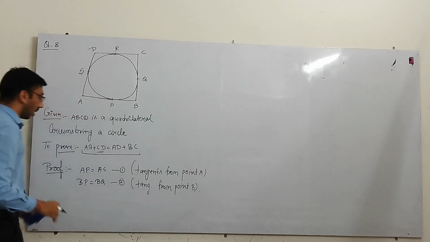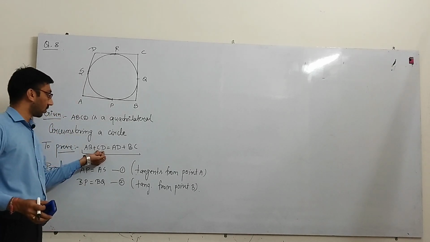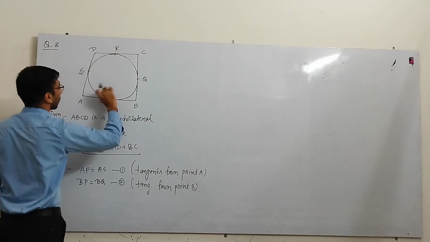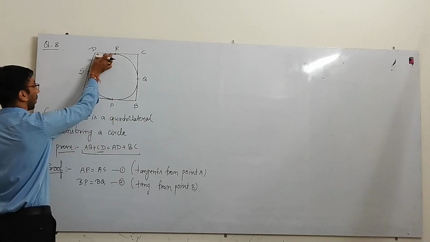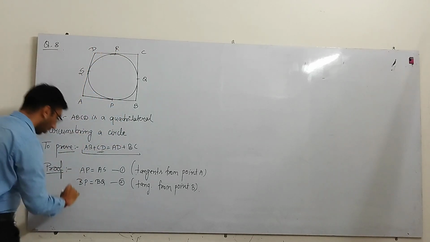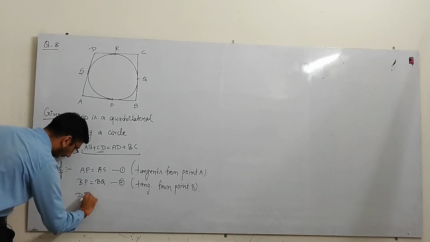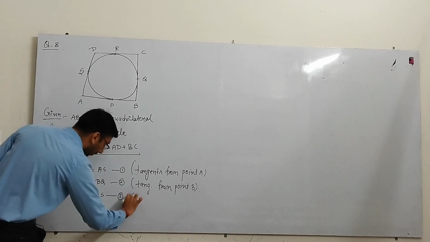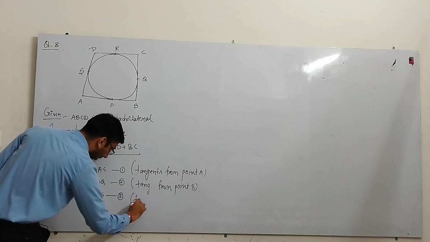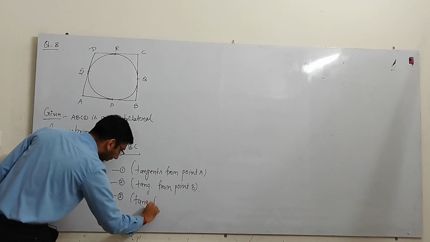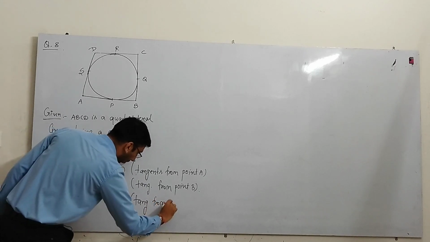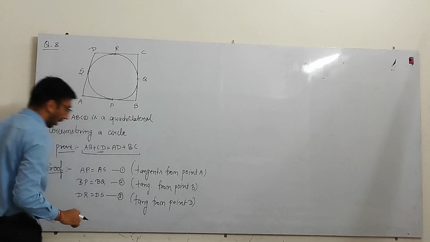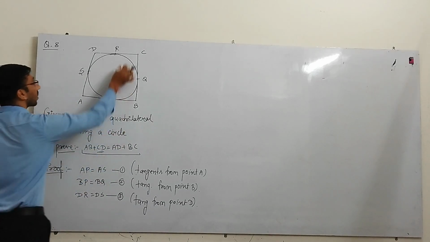Now I am talking about the remaining parts of CD. तो CD मेरे पास में दो parts हो रहे हैं, DR and RC. अगर बात करूँ DR के, तो DR किसके इक्वल होगा, DS के. So we can write that DR is equal to DS, equation number 3. These are equal because these are tangents from point D. And the last part of CD is RC.